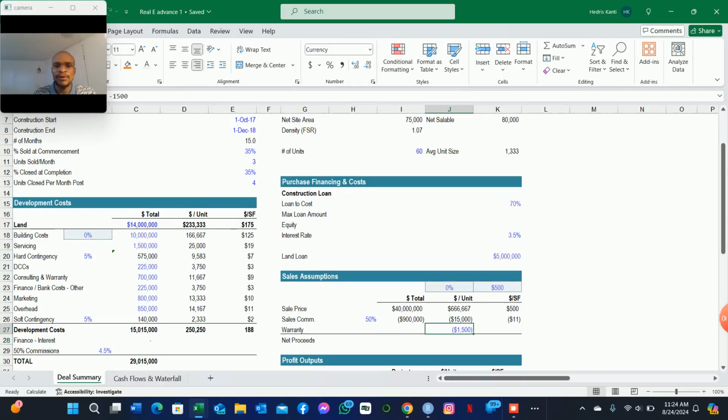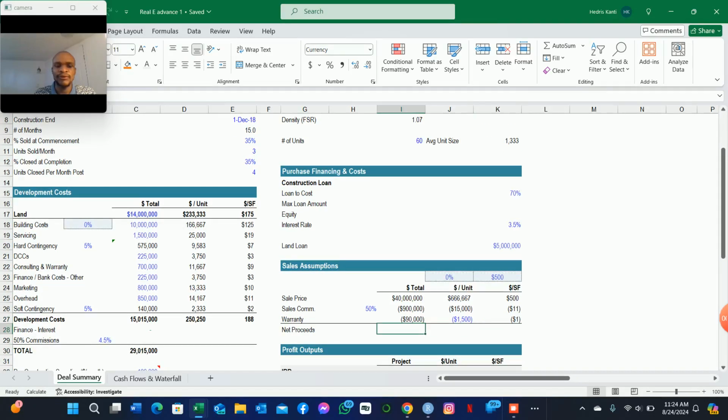And then for the warranty, we already have it in dollar per unit, so we'll account for it in what is the total warranty in this case. So we multiply it by that number there, and the average unit size. The net profit is going to be the sales, and then we deduct the sales commissions and the warranty, and then we can take it and fill it to the right with Control R.